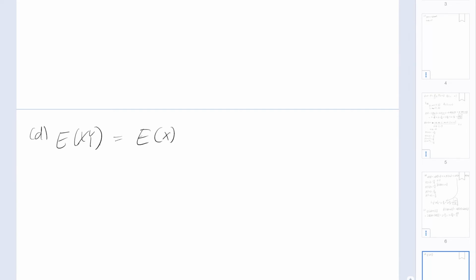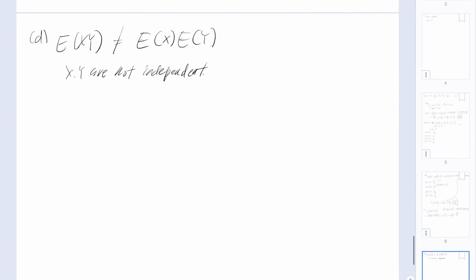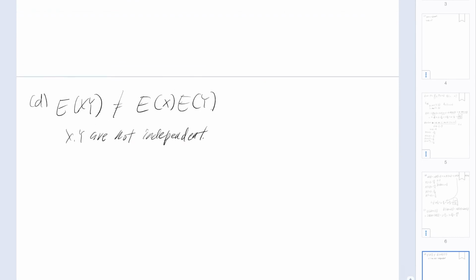And then for problem D, we are finding the expected value of xy. But remember, this time E of xy is not equal to the expectation of x times the expectation of y, because x and y are not independent in this case. Let's build the intuition for why x and y are not independent.